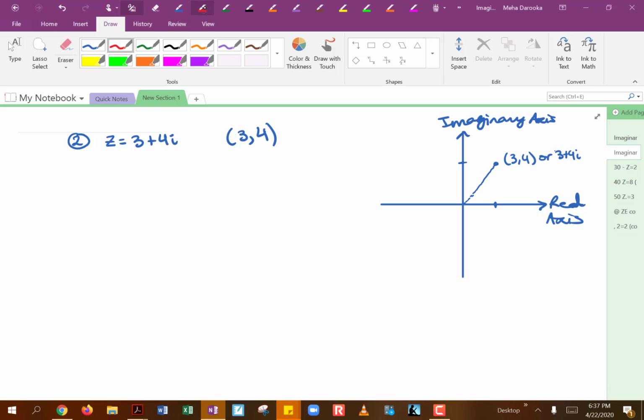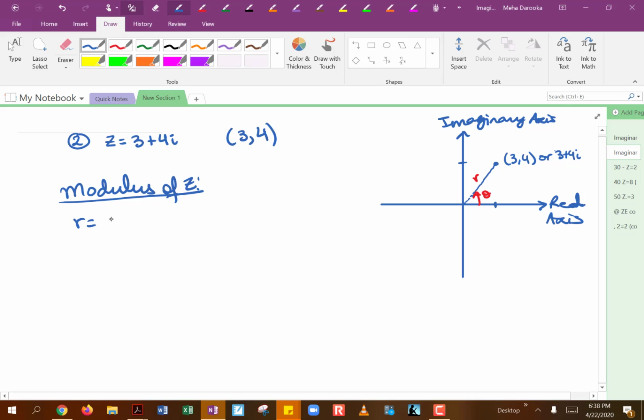So of course when you're talking about theta, we are just looking at this angle here, and this of course will be our modulus r. So let's start by again finding that modulus of z.